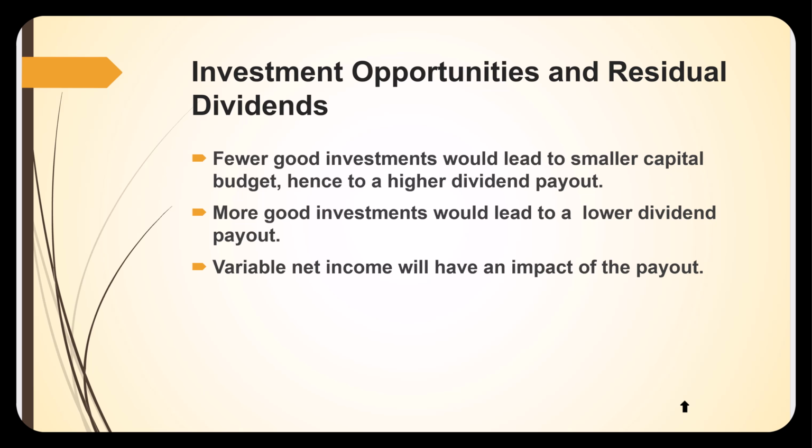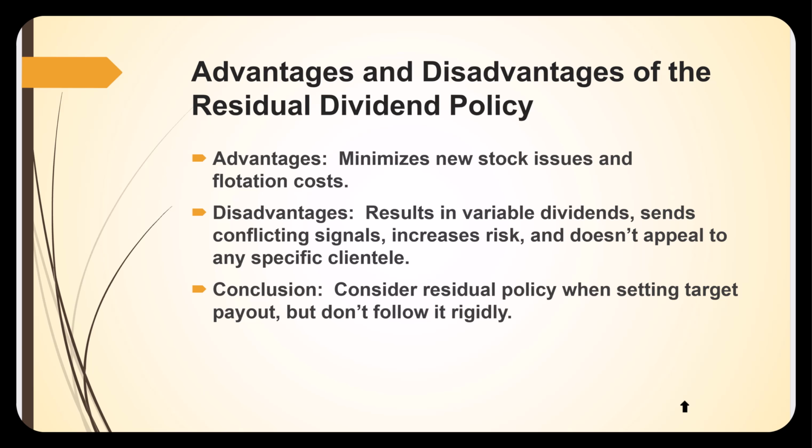And again, one of the critical things I think that we all understand is that shareholders want certainty. This is not a very certain methodology. So the advantages: it's going to minimize the new stock issues that we may have to make, and the cost of issuing stock.